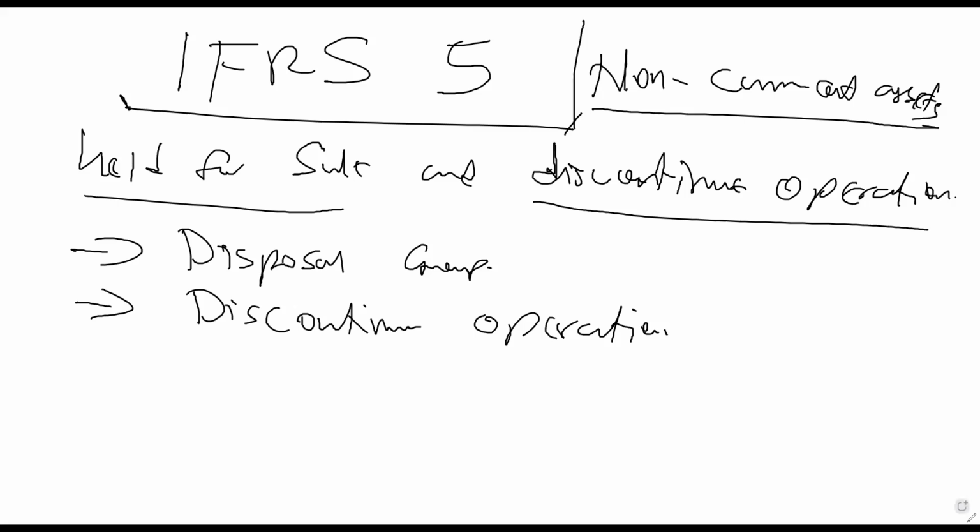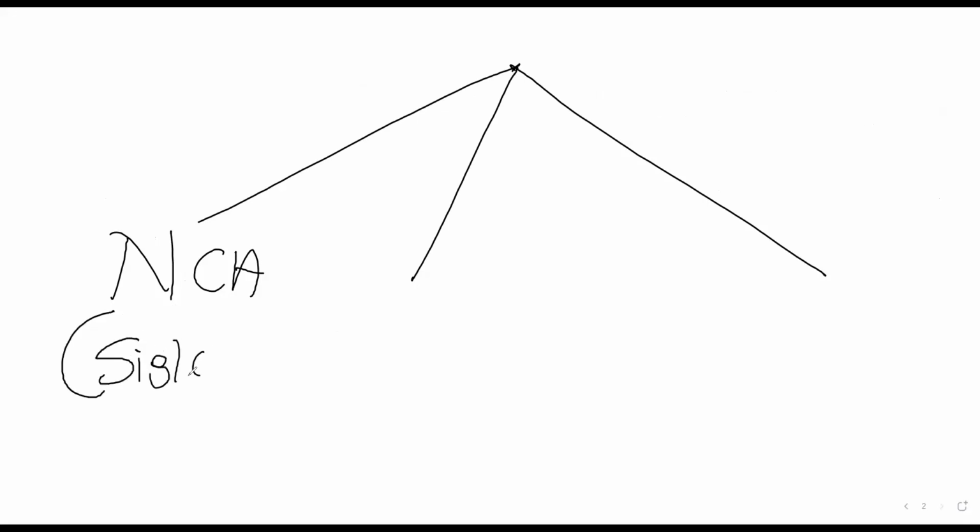So if I should summarize everything for you, we are going to talk about three things. You can decide to sell off a non-current asset held for sale, single. You are selling just a particular vehicle, just a particular building, just a particular office.